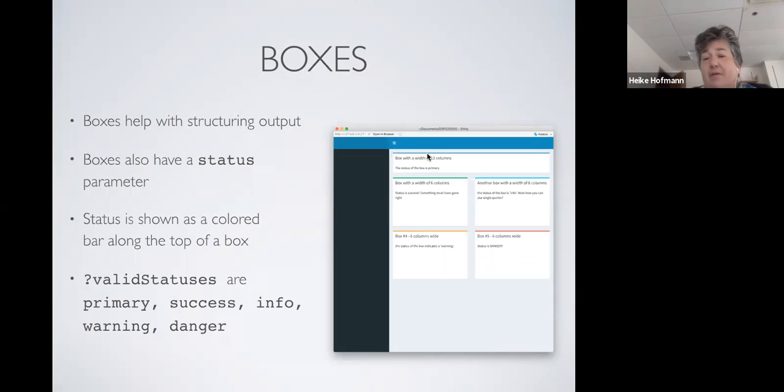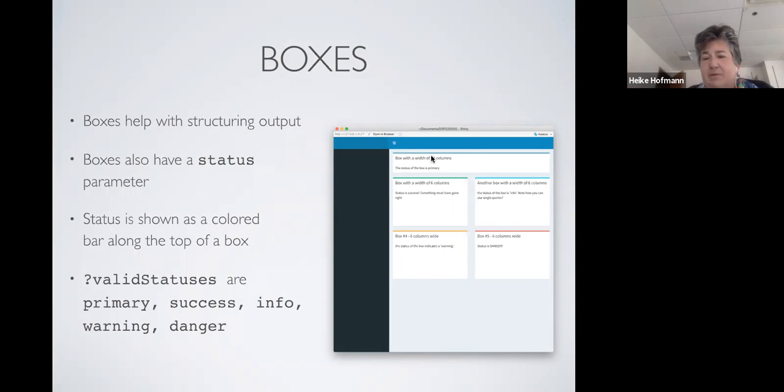We can also use so-called statuses. Boxes have a status parameter, and the status of each box is shown as a colored line along the top. There are 5 different statuses predefined in Shiny. They are called valid statuses, so if you use help valid statuses, you're given these strings: primary, success, info, warning, and danger.